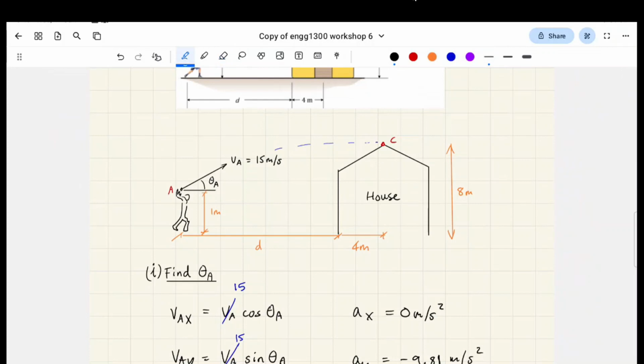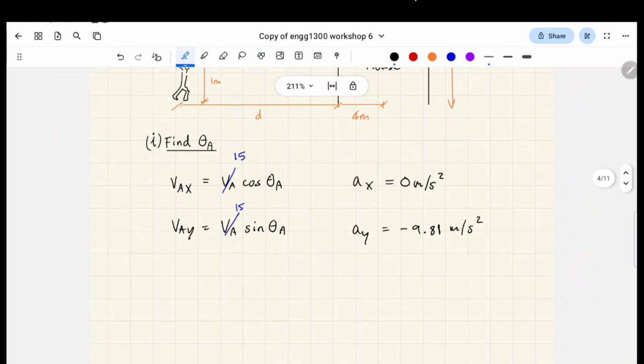I basically want to use the vertical direction to find the angle, because I know everything about that direction except for the angle. Once I solve for that, I can solve for d, because in the horizontal direction, my unknowns are the distance d and the angle. So we're going to analyze the vertical direction first.